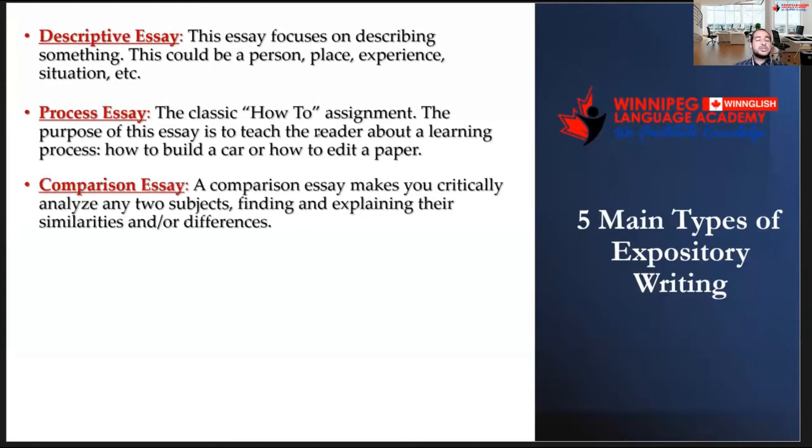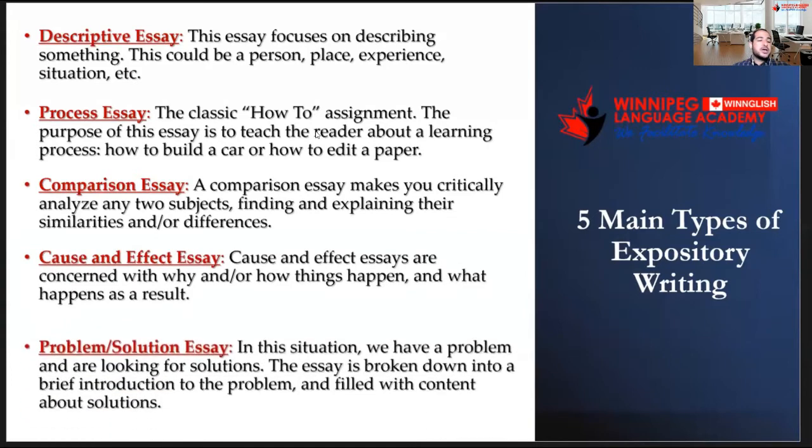Also, a comparison essay is part of the expository essays, or a type of the expository writing. Cause and effect is another type, and problem solution is another type. We'll be looking at these today and the structure of each.